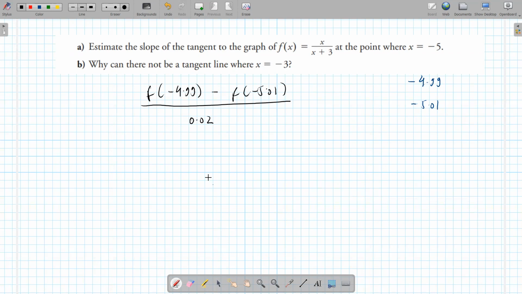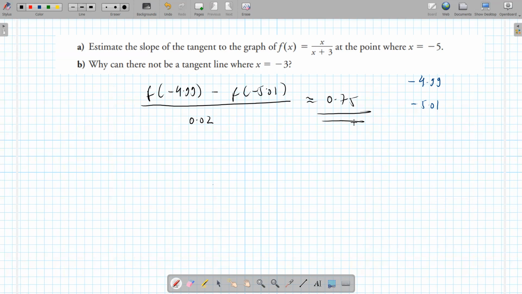So negative 4.99 divided by negative 4.99 plus 3 minus negative 5.01 all over negative 5.01 plus 3, divided by 0.02. The answer is 0.75, and that is the IROC, which is also called the slope of the tangent line.